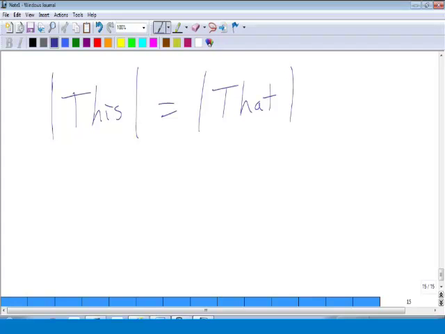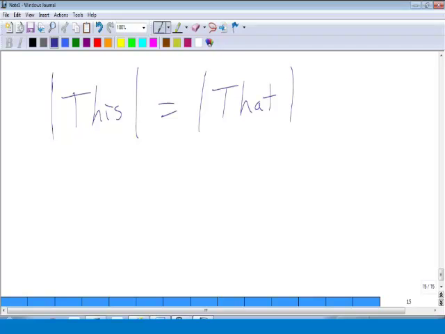That's the absolute value of this, and this is the absolute value of that. Maybe this or that, or maybe this and that, are positive, but maybe this or that are negative, so what might make this happen?